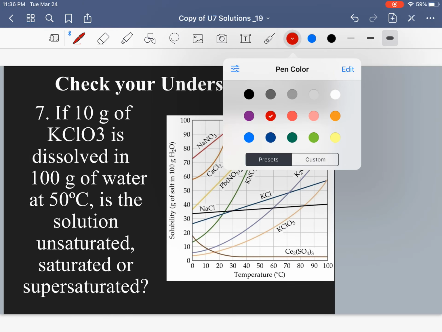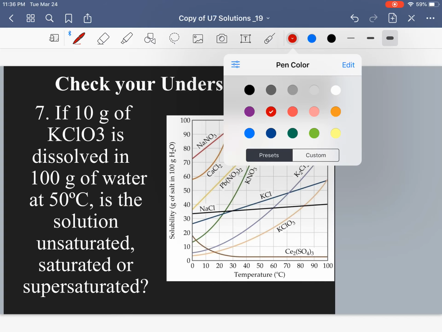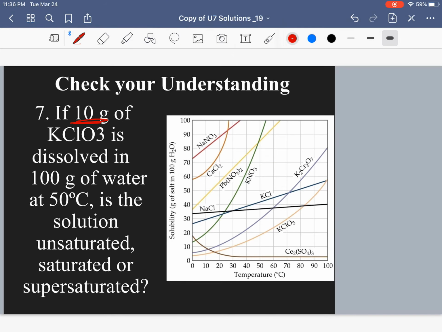And last one here for an example, I have 10 grams of KClO3 at 50 degrees Celsius. All right, so find that line. Oh, that's the eraser. Let's find the highlighter. There we go.